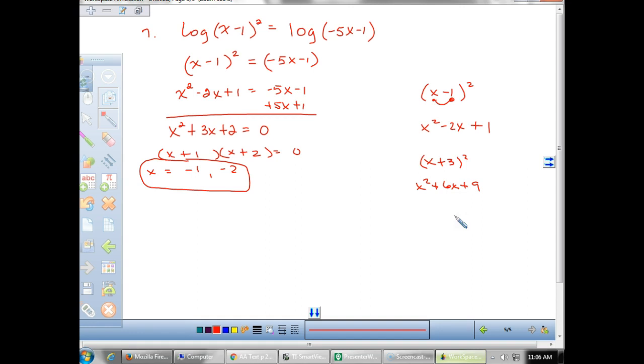So it's not that your solution is negative and then you ignore it or don't include it. You have to test in the given problem. If you plug it into your calculator, does that work? Because when I tried to do the log of negative 1 minus 1 squared, it said it's a non-real answer. Okay, but it would be log of negative 2 squared. You do it like that?